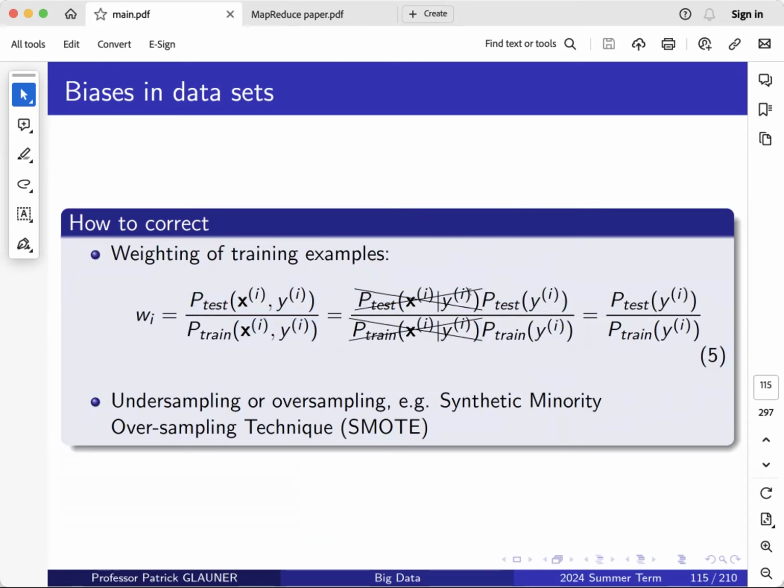So I can just eliminate them because I have the same in the numerator and the denominator. And what I have left are just these prior probabilities.